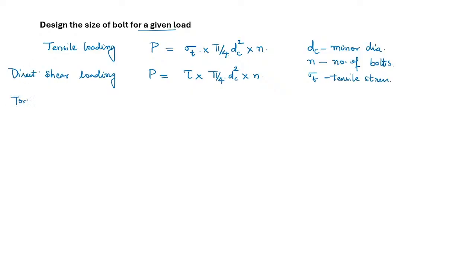In case it is torsional shear, then the load P will be replaced with torque T. So T indicates torque, and that is equal to tau into the polar modulus of the bolt cross section, that is pi by 16 into dc cube.